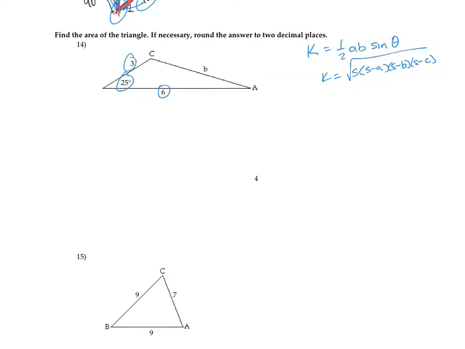It is side angle side, so you immediately can just say that K is 1/2 times 3 times 6 times sine of 25. 3 times 1/2, 1.5 times 6 is 9. Sine of 25 is 0.4226. So multiply that, and we get the area of this triangle would be 3.80. Done.